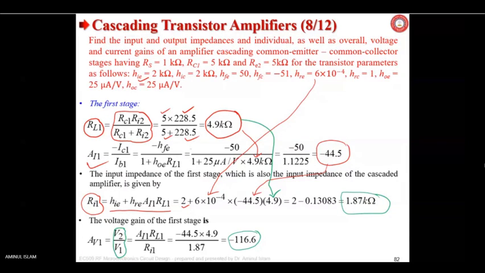Sir, it is the voltage gain of common emitter. Sir, the collector current is in the reverse direction. Any other thing it is indicating? Pratham? Sir, it is a common emitter configuration.